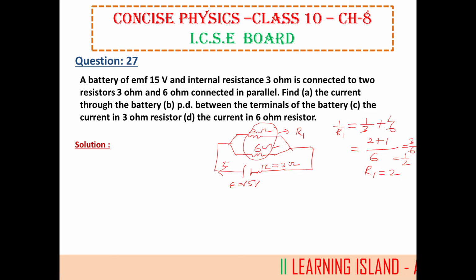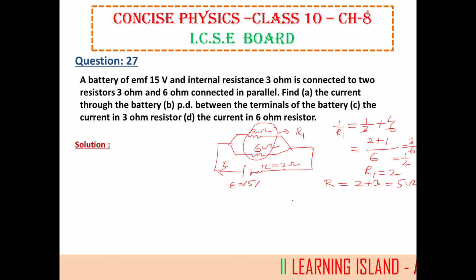And here you see these two resistors are again connected in series with the internal resistance of the battery. So the final resistance of this circuit is 2 plus 3 equals 5 ohm.